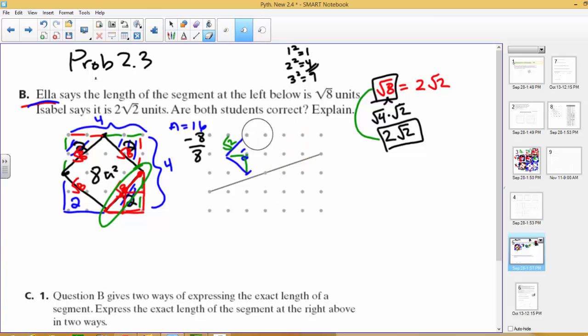So I want you to pause right now, in a minute actually, after you listen to me, and see if you can figure out what this dimension is. So go ahead and hit pause, see if you can sort of kind of draw a square off of it. Okay, so maybe you didn't have to draw the whole square.